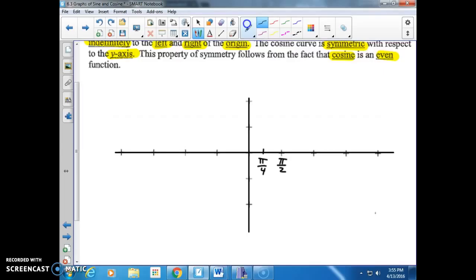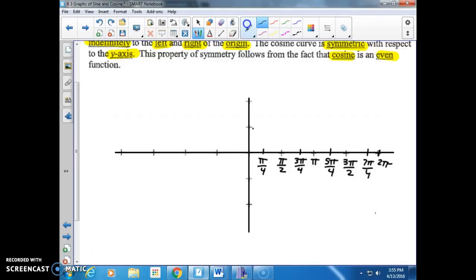We're only going to do this on one side, but then we have 3 pi over 4 and pi. Then we have 5 pi over 4 and 3 pi over 2. And then lastly, we would have 7 pi over 4 and 2 pi. I know those are a little crowded, but still understand.